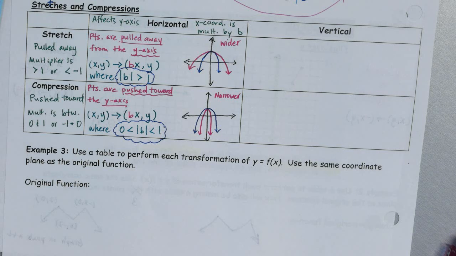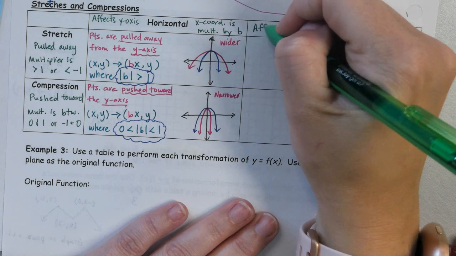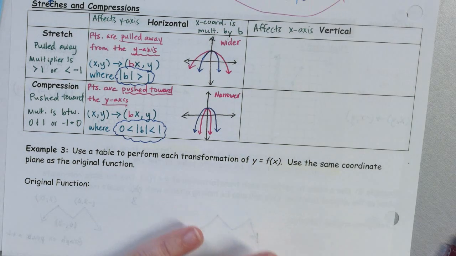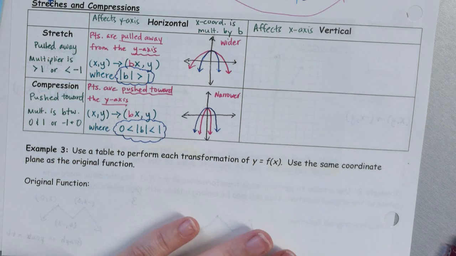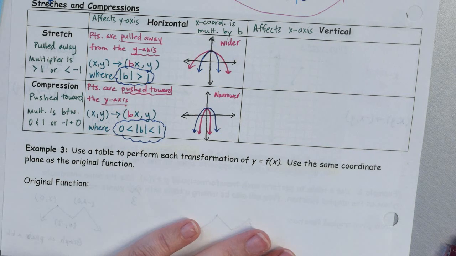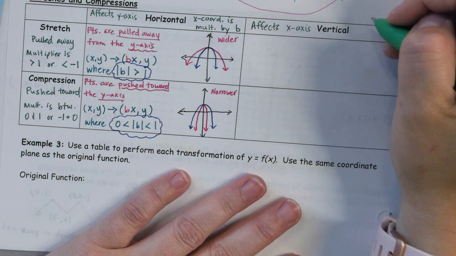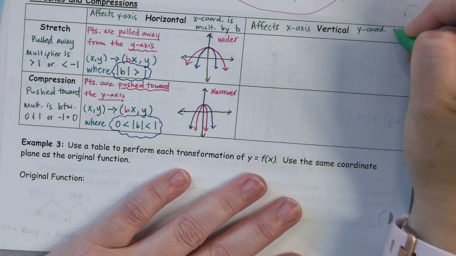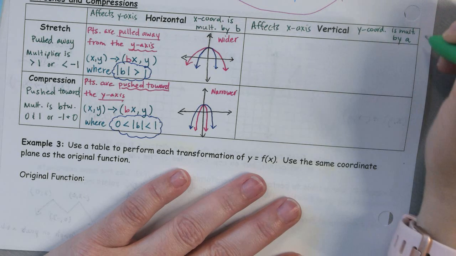Okay, now for the vertical, that is going to affect the x-axis. So it's the opposite, right? We know vertical is the y-axis, but it's affecting the x. The multiplier is applied to the y-coordinate. And for this type, the y-coordinate is multiplied by what they call the value of a.